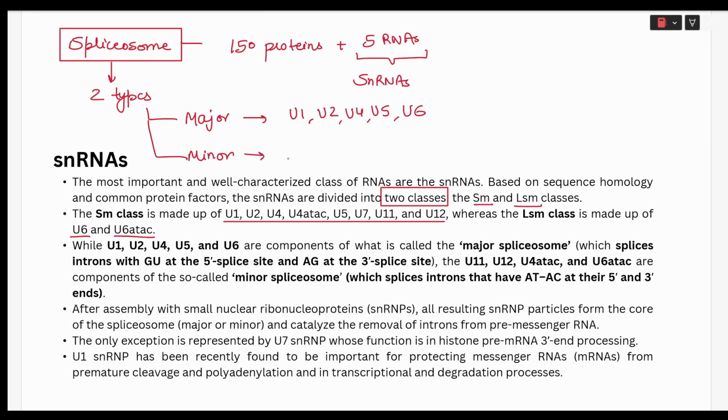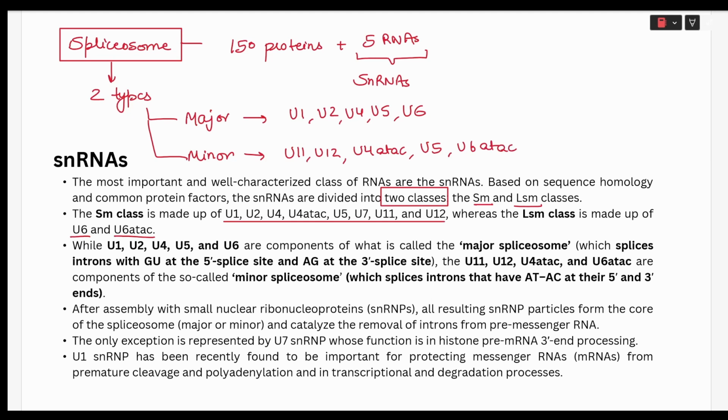The minor, on the other hand, is made up of U11, U12, U4 ATAC, and U6 ATAC. U5 is common in both, right? So these are the different things.